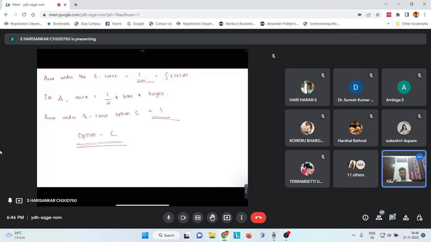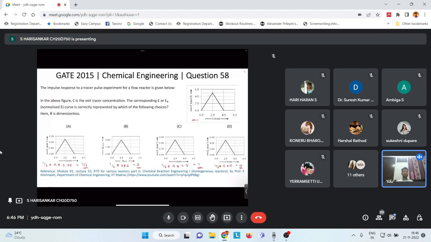Right, so this is just a straightforward application of the area under the curve concept that we just looked into a few minutes ago. Whichever E curve gives the area as 1 is your correct E curve for the particular situation.